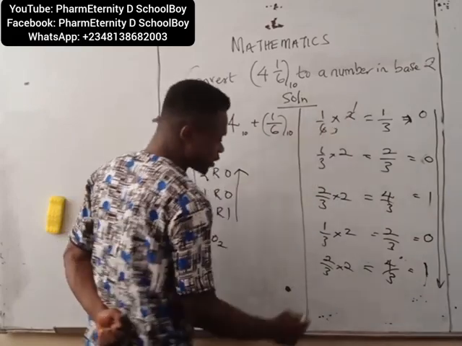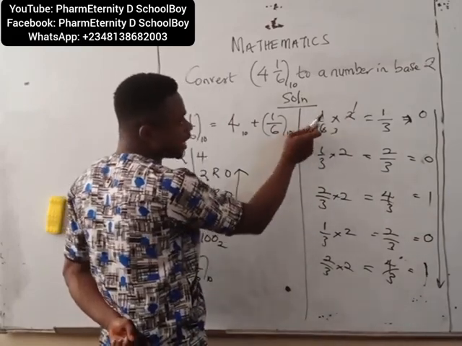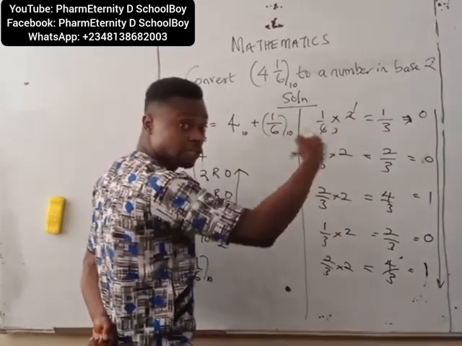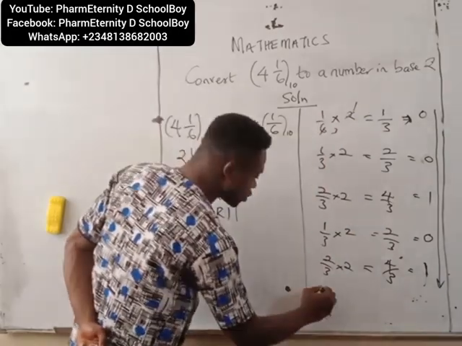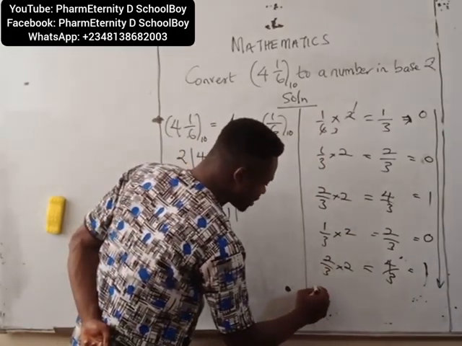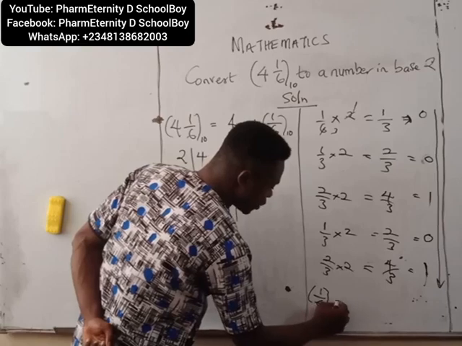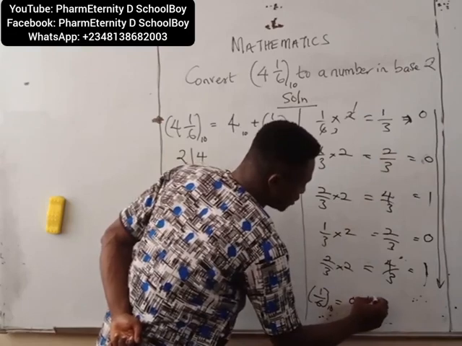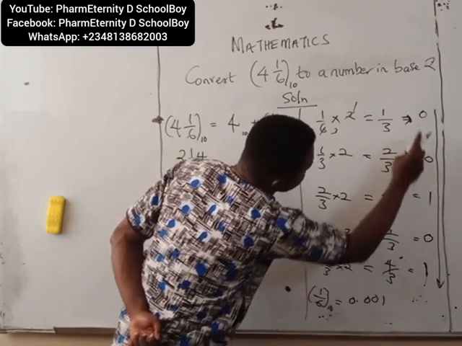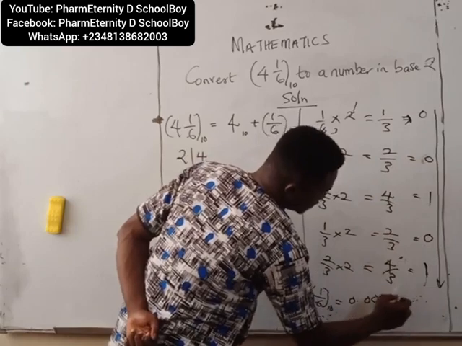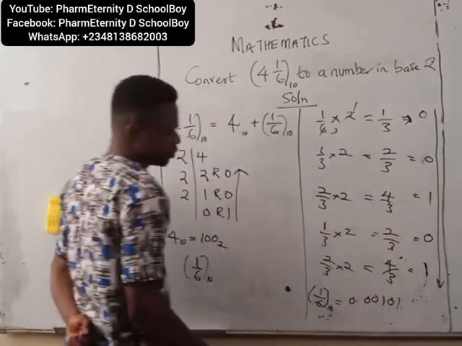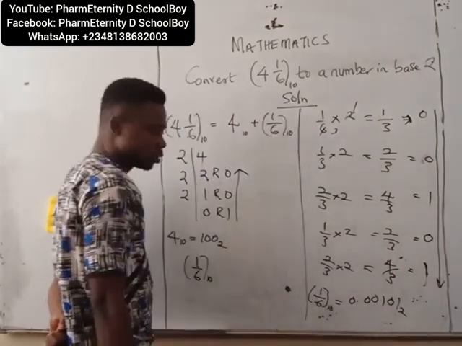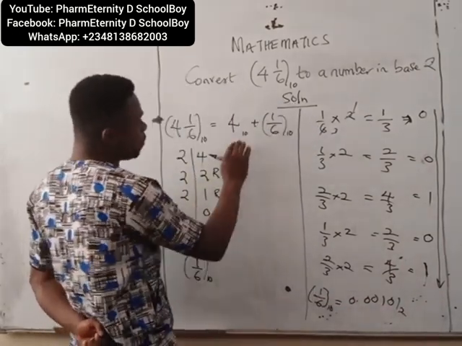Remember, this is the fractional part, so it will start from the decimal point. So 1 over 6 in base 10 will give us 0.00101 in base 2. Now remember what we did here. We combine this and this.